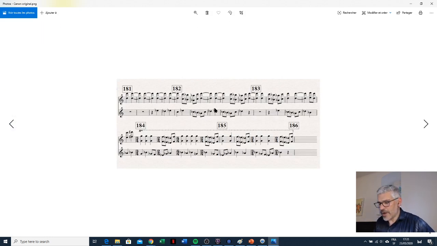Okay, so 181. Now I focus on the melodic aspect for a second. Here we have the original writing of the canon. If you look at the score at 181, you have the first entrance two before 182 with the trumpets.